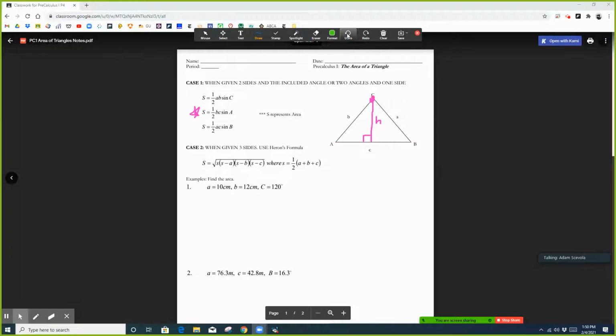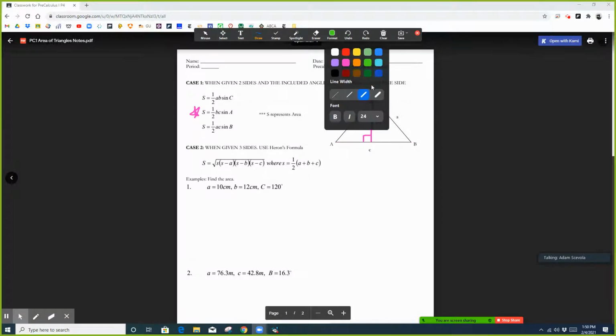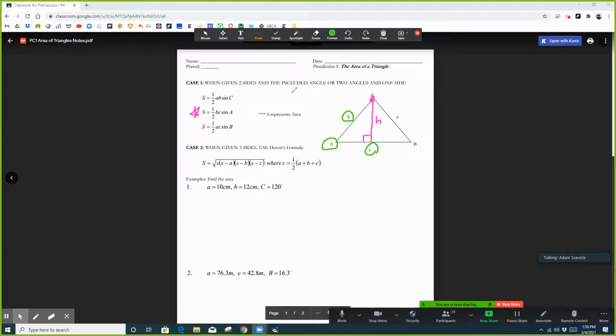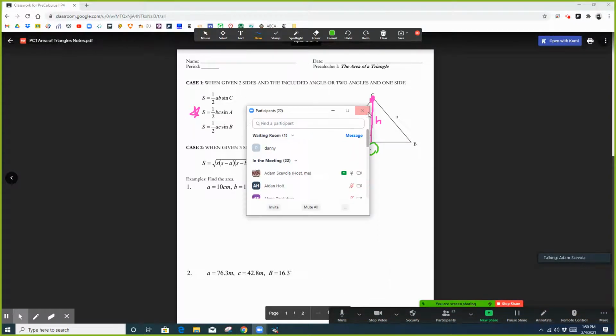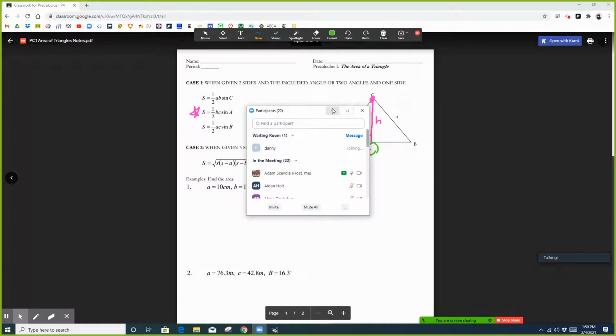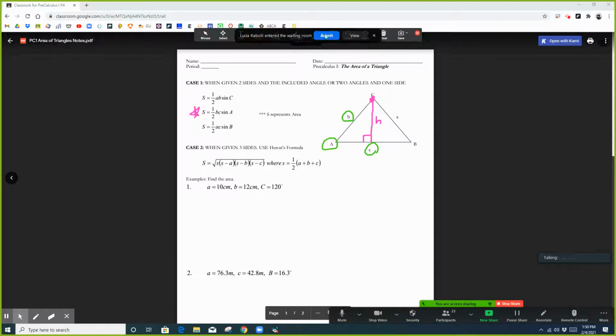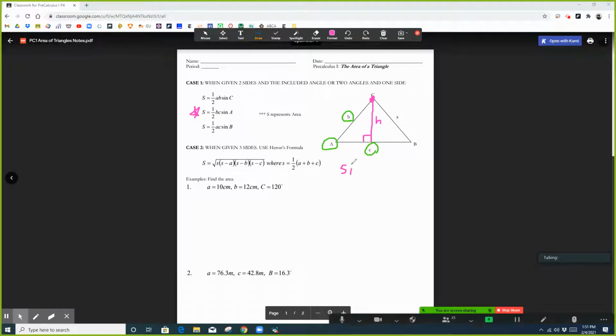So you can use any base and height pair, but usually there's going to be one pair that's easier to find than the others. All right, so let's hypothetically say that we were given angle A and also the two sides next to it. So then we use the pink one. So now the height, to find it, you would set up SOHCAHTOA.